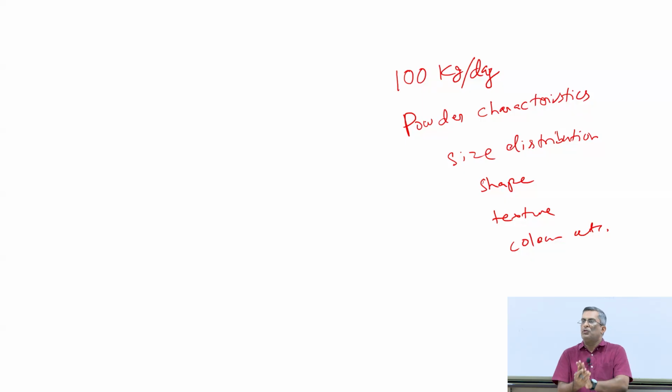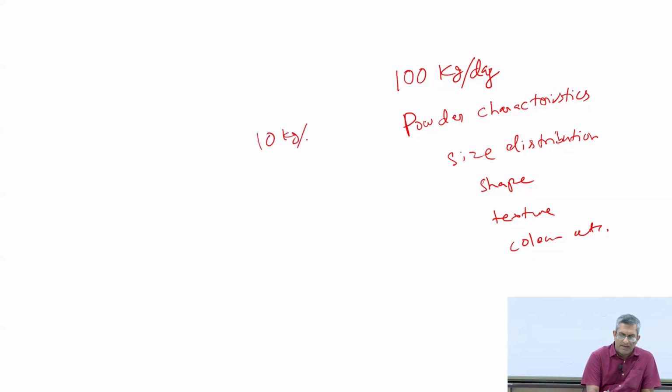So now how will you proceed in designing the spray dryer? First you assume that, let's say I have the spray dryer unit and I will have 10 hours of operation. This means that the powder production rate should be 10 kg per hour.